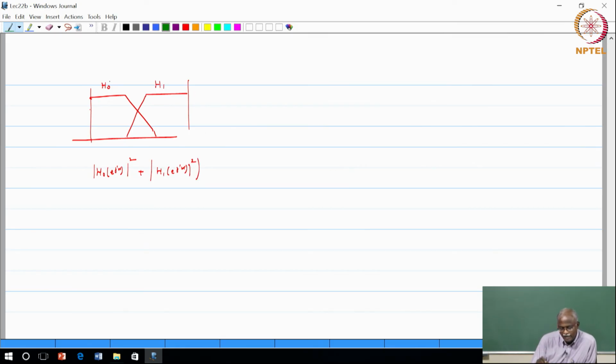I will just draw it for the purposes of squaring. This is the squaring here, this is the squaring of this term here. What I get through the addition process is something that looks like this. I want something that is a constant.